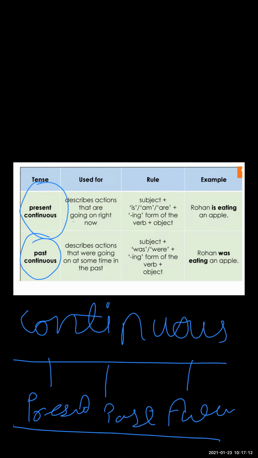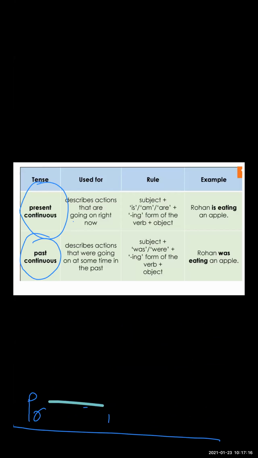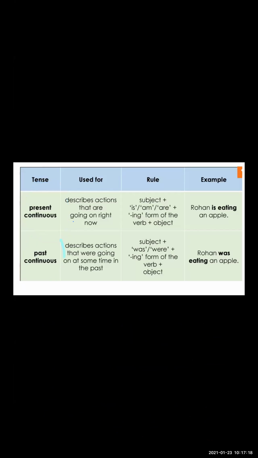The second one. What was the first one? Give me through the chat. Yes, it was simple: simple present tense, simple past tense, and simple future tense. That was the first one.